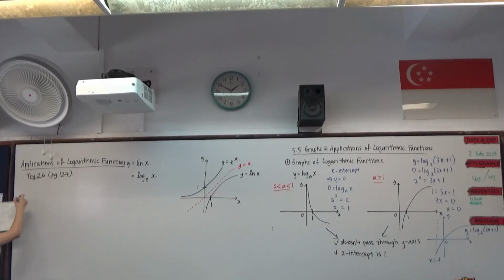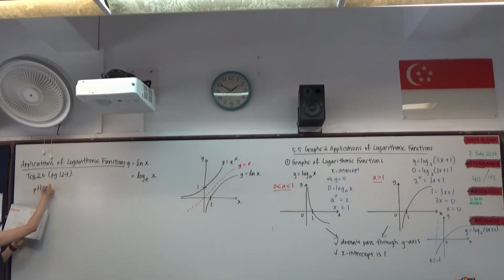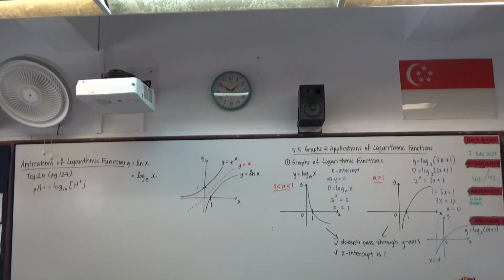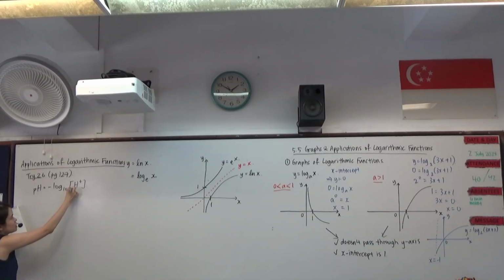So we look at a chemistry example. They say that pH is a measure of the acidity of a solution. I hope you are familiar with acids and bases already. We have this formula where the pH is calculated by negative log base 10 of the square brackets H plus.